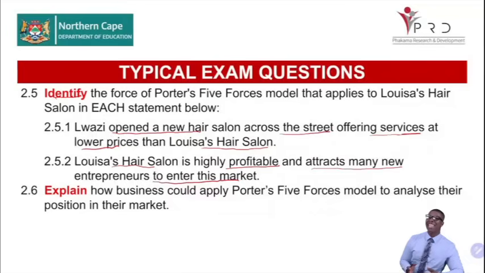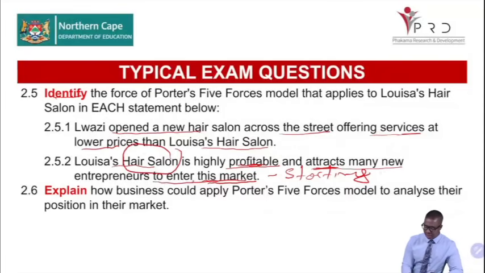And because there are no barriers, when Louisa is analyzing using Porter's 5, Louisa sees that there's nothing stopping another entrepreneur from starting the same business she already has, which is a salon. So we say because they are highly attracted by what? The profitability, then many entrepreneurs enter this market. When we say enter this market, we are saying they are basically starting also a hair salon.